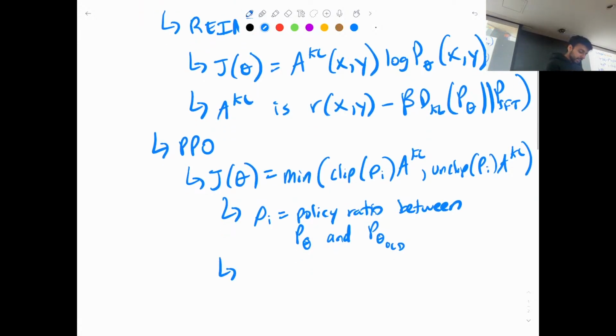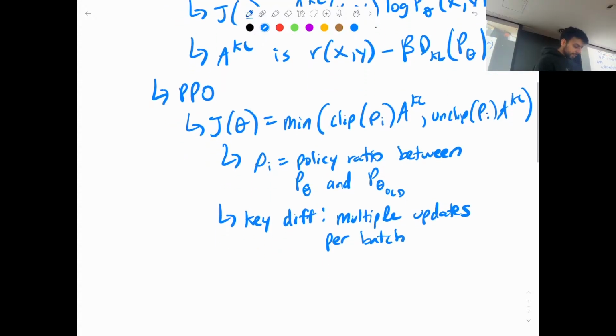So one key difference here is that we do multiple updates per batch, not just one. Another thing that we talked about with PPO is that our baseline is from a trained value function.